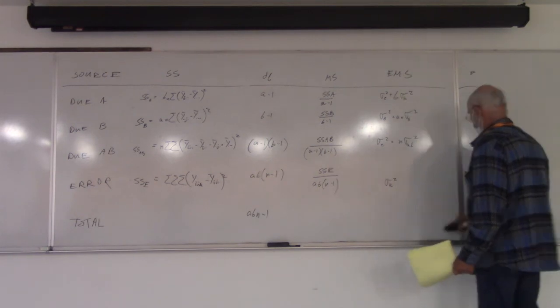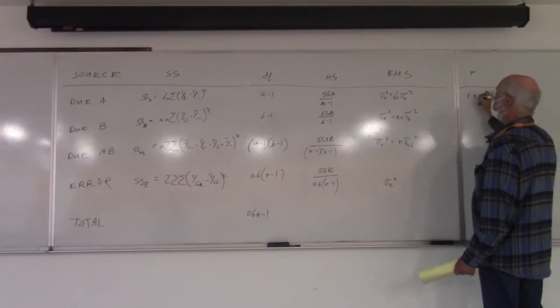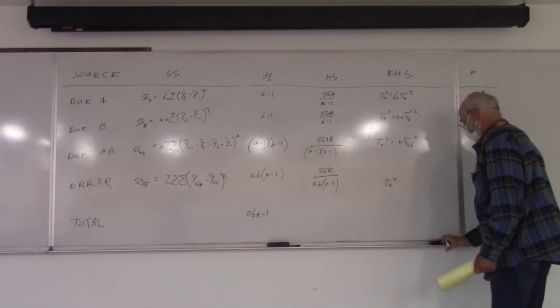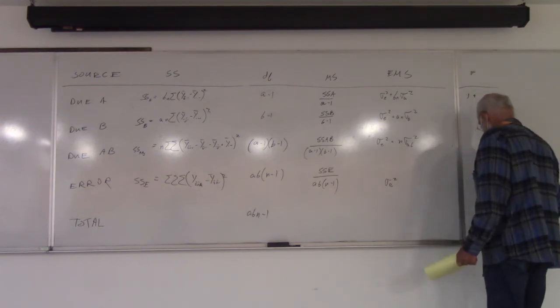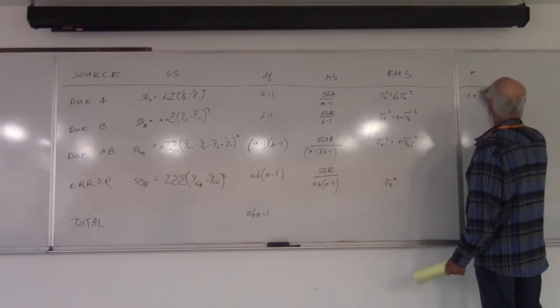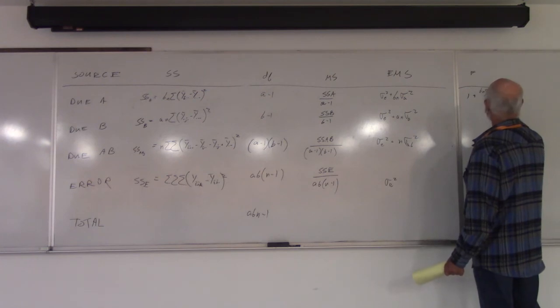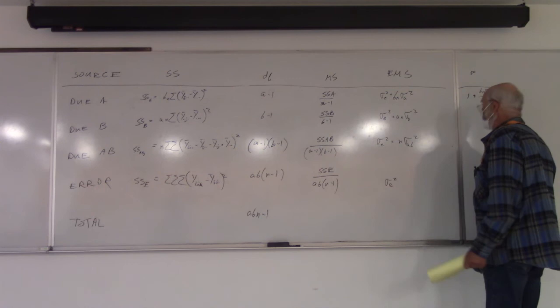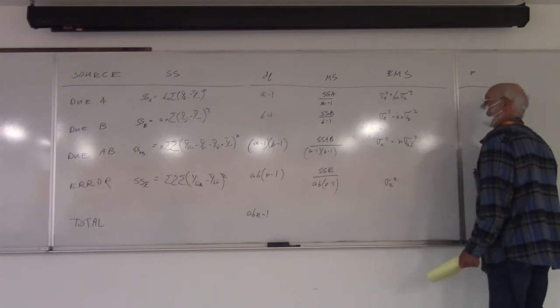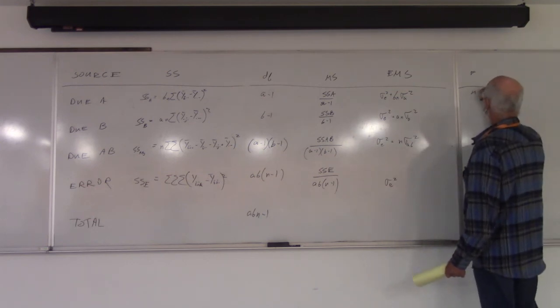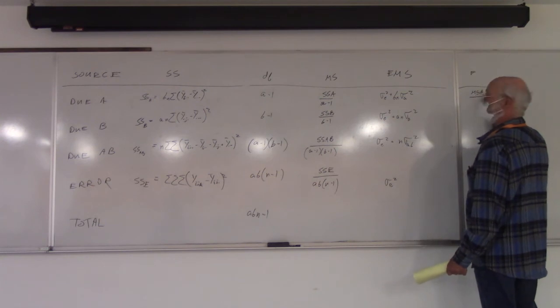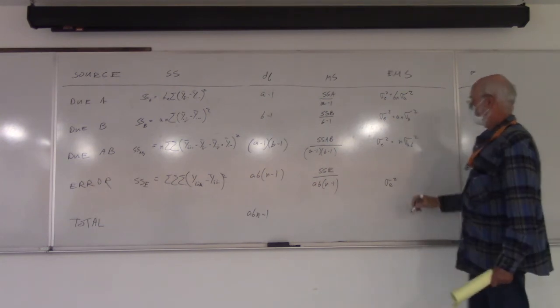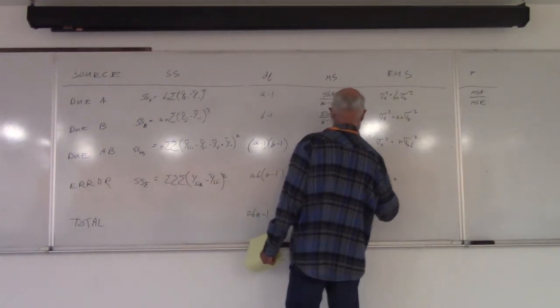Right, so that gives me 1 plus B n sigma A squared divided by sigma E squared. So that's the same as mean square for A divided by mean squared error. Okay.